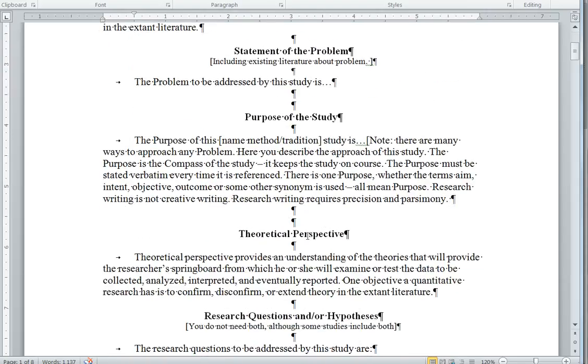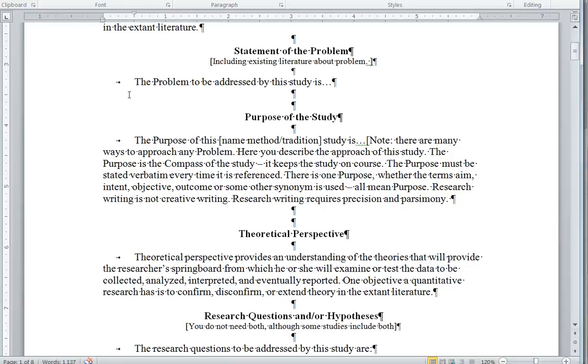So our problem statement is next. And we want to actually state it. You probably have noticed that as you look at the literature, so often we find that people do not actually address the problem. They may list a litany of possible problems, and we're not actually clear on which one that researcher and that study addressed.